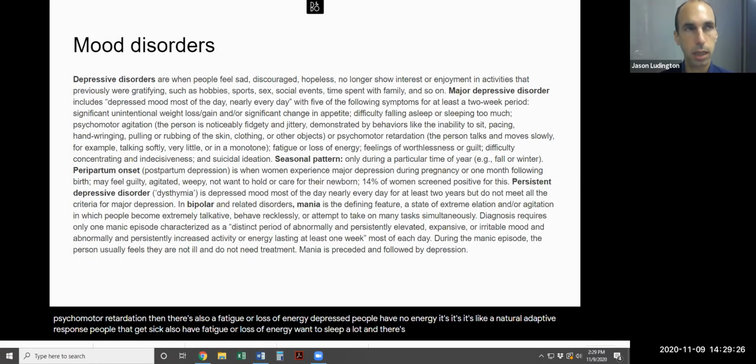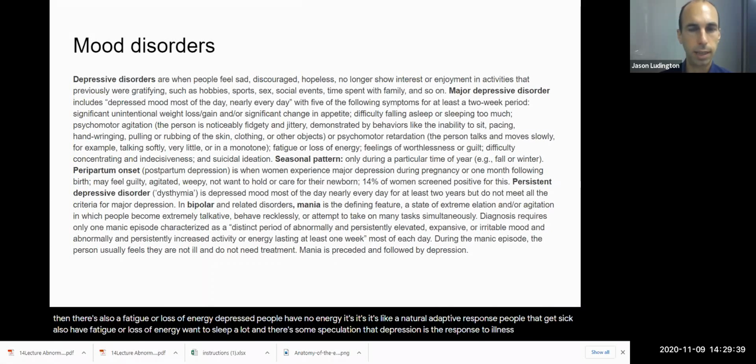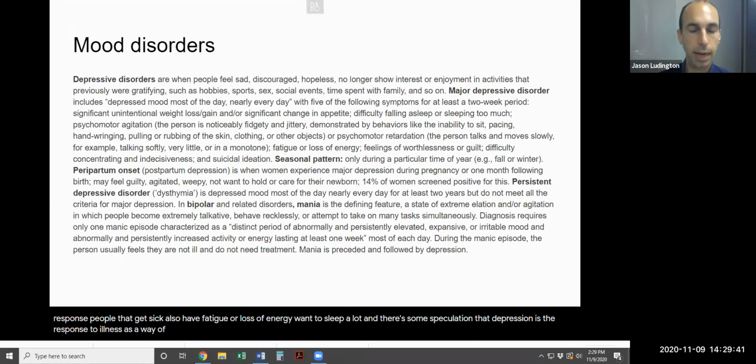And there's some speculation that depression is the natural response to illness as a way of resting and recuperating to recover. But that's just speculative. That's just one model or one perspective.